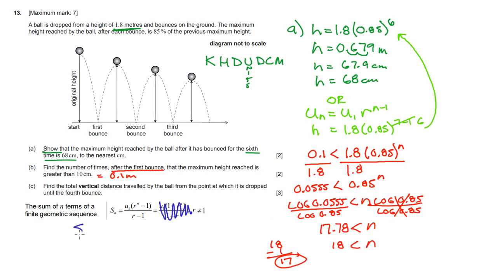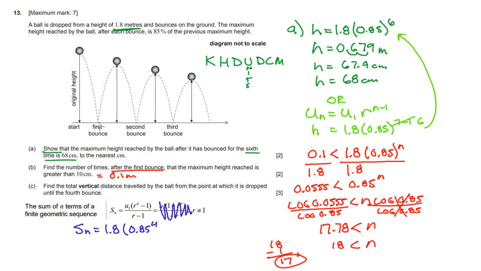So S of n equals u sub 1, the first term, 1.8, all times our rate, 0.85 to the fourth, right? Because it says the vertical distance from when it's dropped until the fourth bounce.